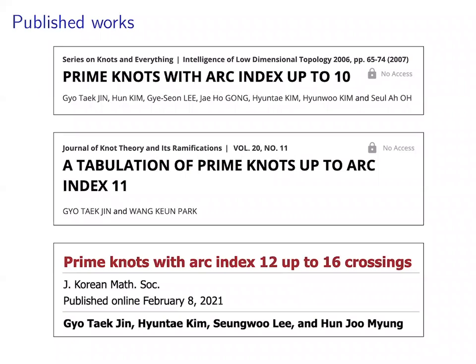And then later, we tabulated up to arc index 11. And then later, in addition to the first 2, we computed arc index 12 up to 16 crossings.